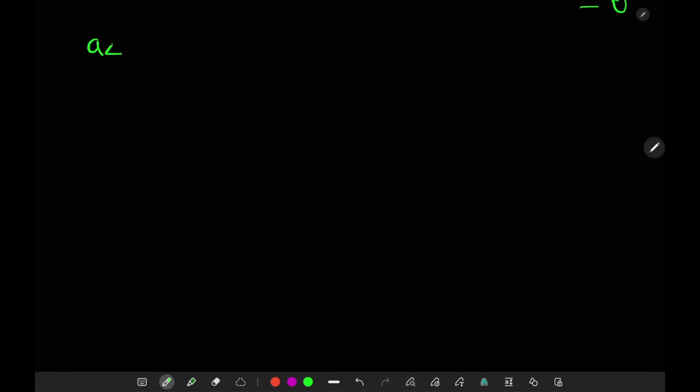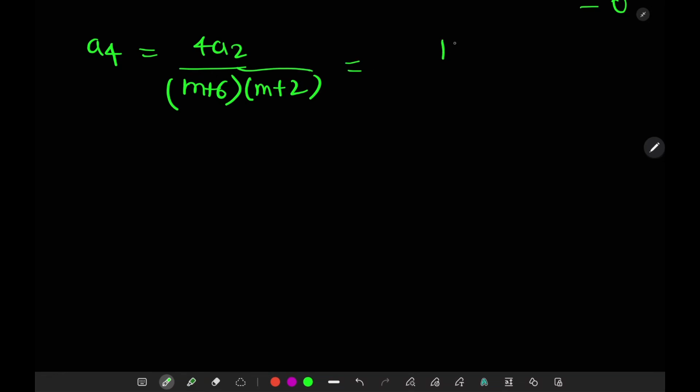So a4 is equal to 4a2 divided by (m plus 6)(m plus 2), and we can write the value of a2 like that.